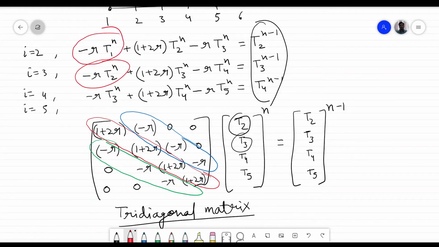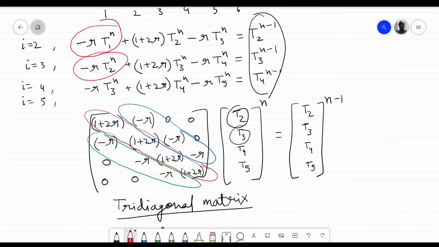And similarly, what about this last term here? Okay, not this last term, because this is not the last equation. You will have a last equation after this, and you will get minus r t6n. So what about that t6?